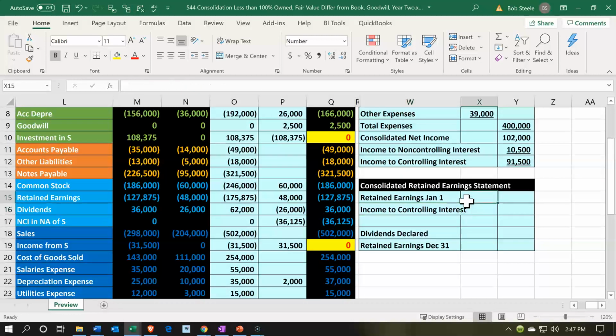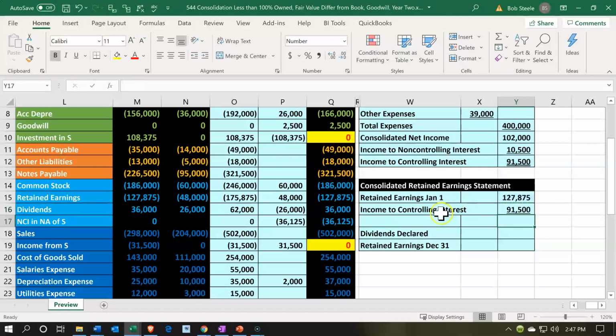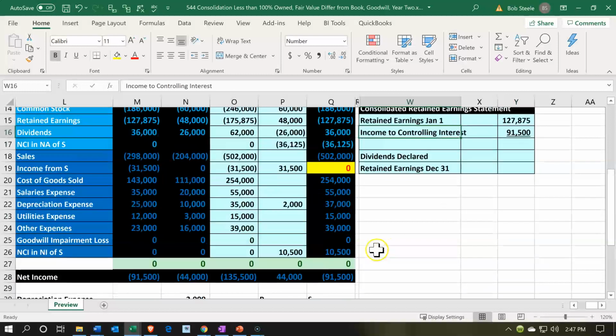So we'll take the beginning retained earnings, which is going to be just like a normal financial, the negative 127,875, because it hasn't had the rest of the accounts closed out to it yet. Then we're going to say the income to the controlling interest. The income to the controlling interest was equal to that 91.5, which of course is the same as the 91.5 down below.